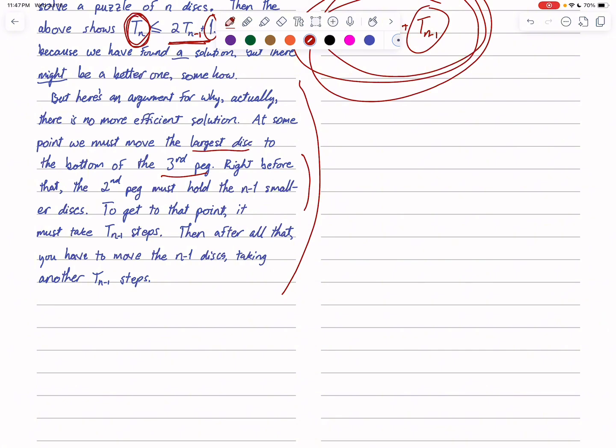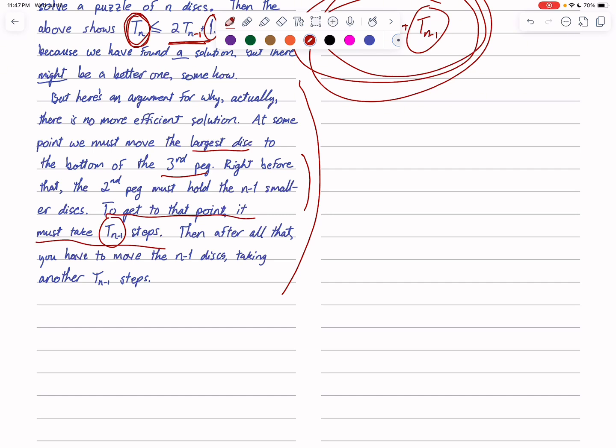But then how did things get into that arrangement in the first place? Well, to get to that point, we must have taken those top n-1 plates and moved them over to the 2nd peg somehow, and we know that the minimal way to do that is, by definition of what we mean by Tn-1, it must have taken Tn-1 steps. So you had to use up Tn-1 steps to get those n-1 plates to the middle peg.